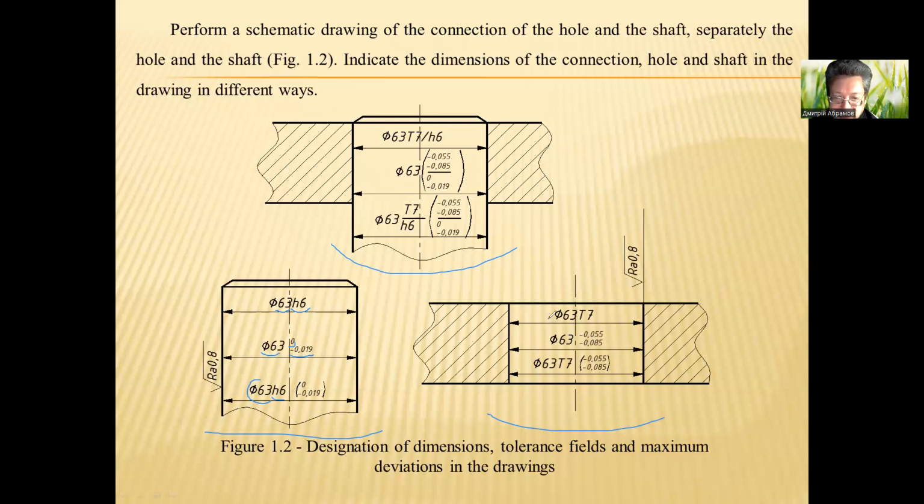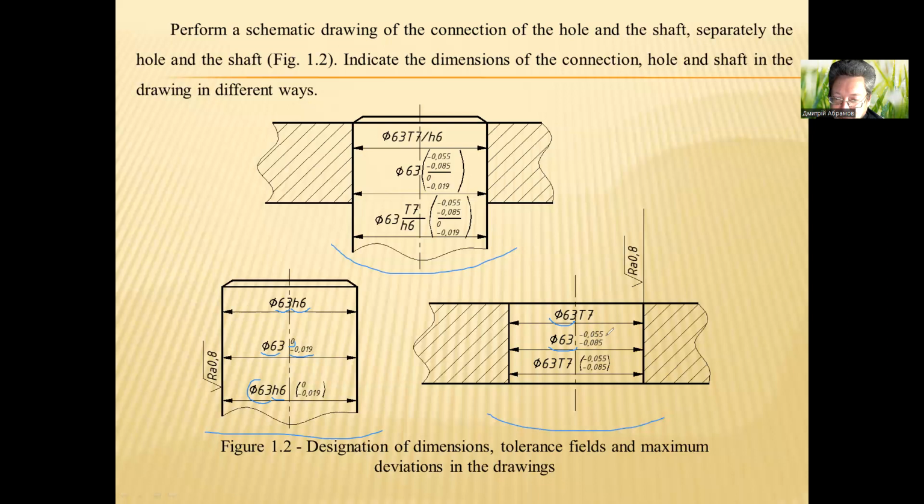The same three variants we can see on the scheme of the hole. First variant of the dimension: we have diameter 63, the nominal diameter of the hole, and tolerance field of the hole, fundamental deviation T, IT grade 7. Second variant: the nominal diameter of the hole, and upper limit deviation and lower limit deviation of the hole.